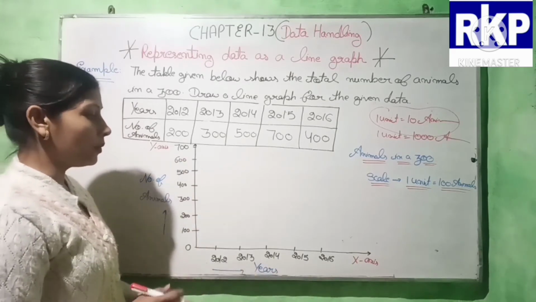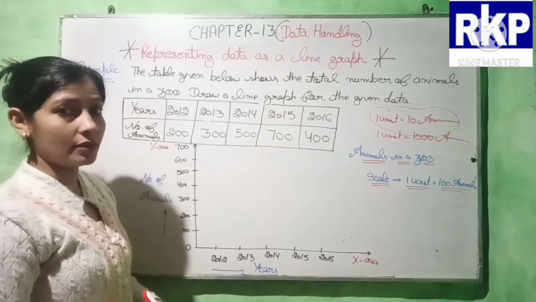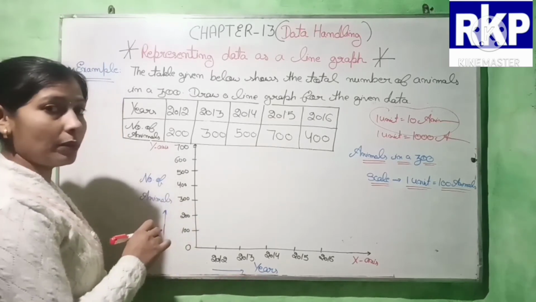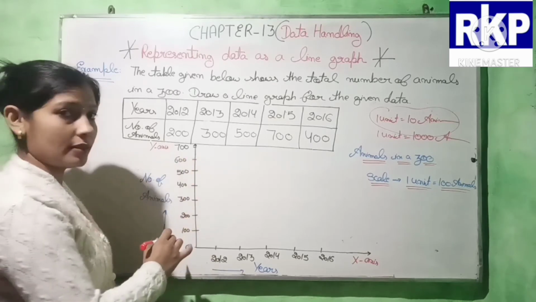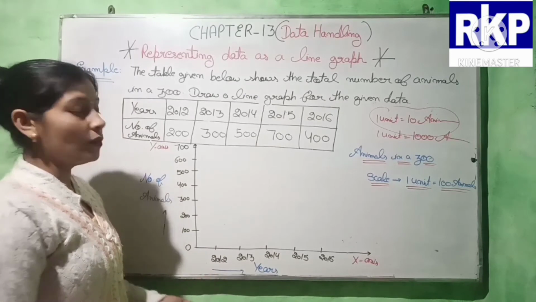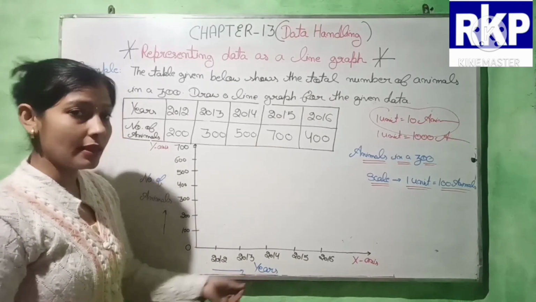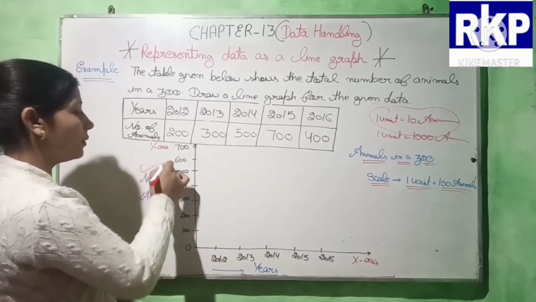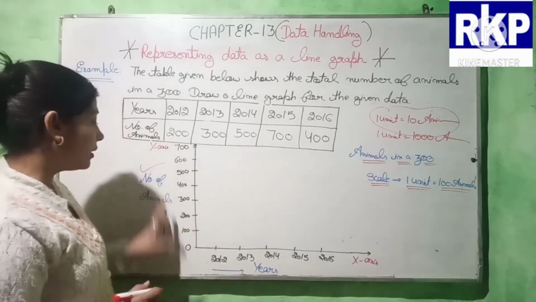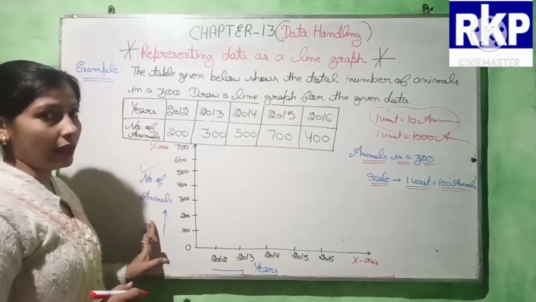Now the third important thing is the label on x-axis, and the fourth is the label on the y-axis. कि जो x-axis है उसके ऊपर हमने क्या लिया है? What we have taken on x-axis and what we have taken on y-axis. So here we have taken years and here we have taken number of animals.